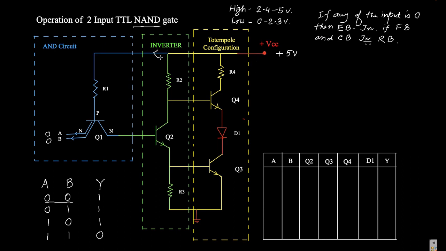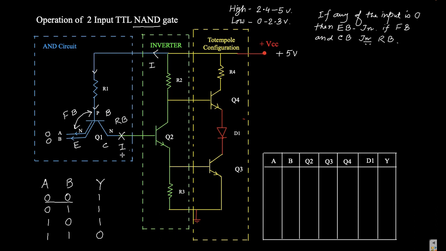Current will come. For 5 volts we are using the white marker. If current flows through it, and as the input is 0, the emitter-base junction is forward biased. This is the base, this is the emitter, and this is the collector. So the base-collector junction is reverse biased. This is RB, this is FB. If it is reverse biased, then no current should flow through it.